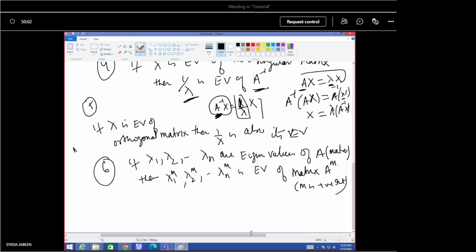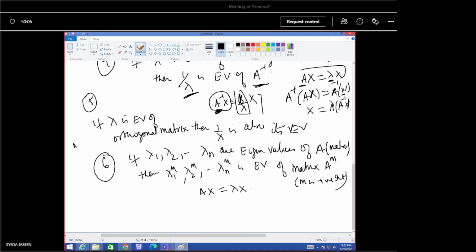If lambda is the eigenvalue of the matrix A, then we can write Ax is equal to lambda x. Now if you multiply by A on both sides, you have A into Ax equals lambda x, so you have A square x is equal to lambda square x. So lambda square is the eigenvalue.